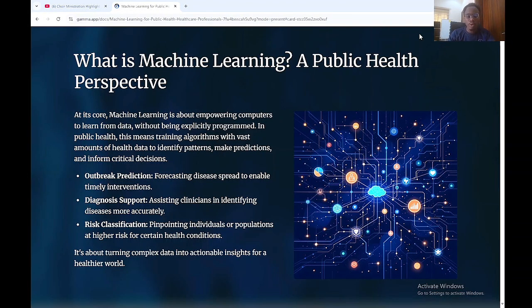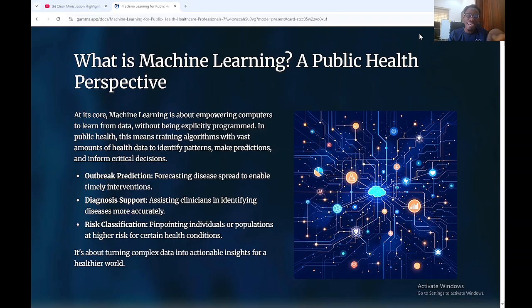Let's use a clearer example. A patient complains about a particular ailment or condition. Automatically, if it's set up in a proper toolkit, a machine learning algorithm can use information gotten from previous data to make predictions based on what that particular patient is presenting. I don't know if that's clear.